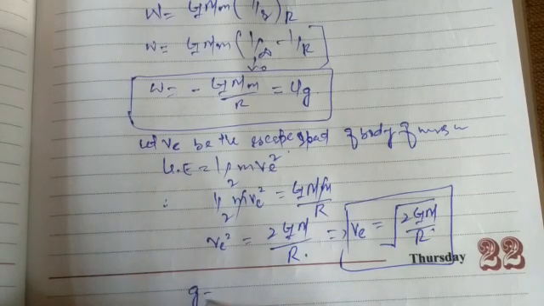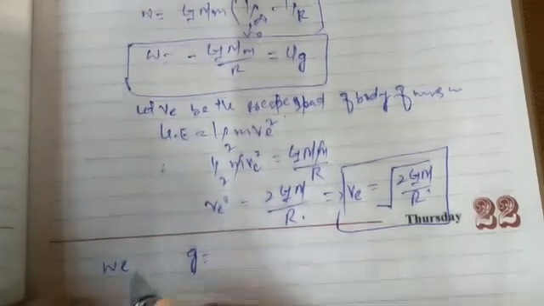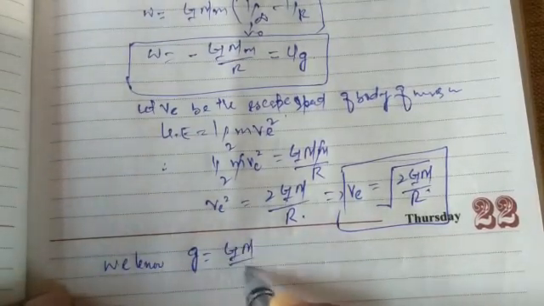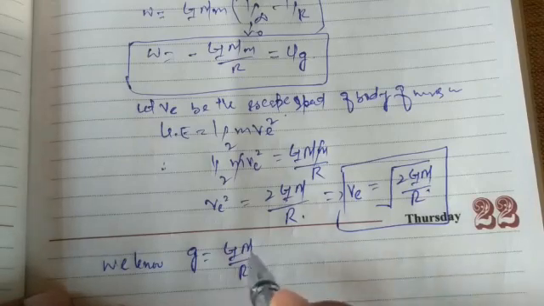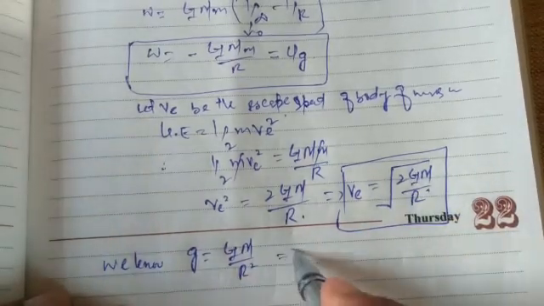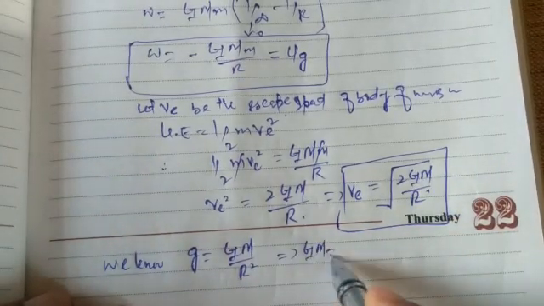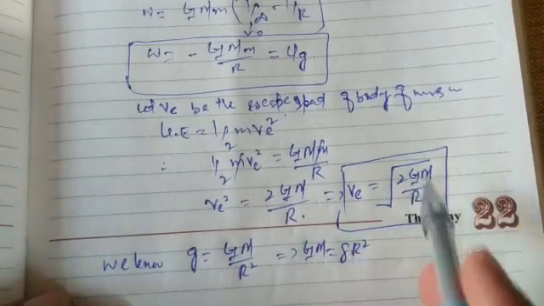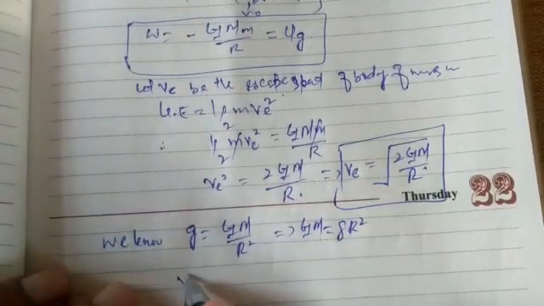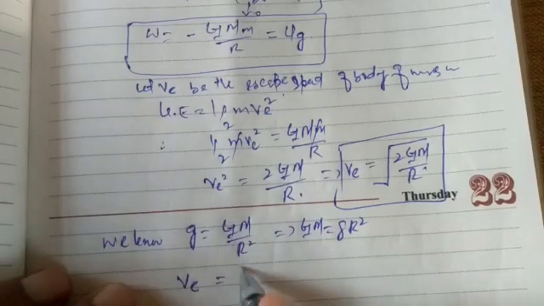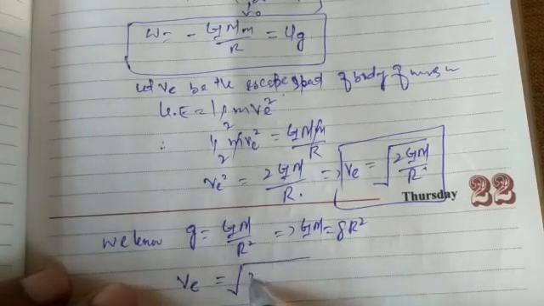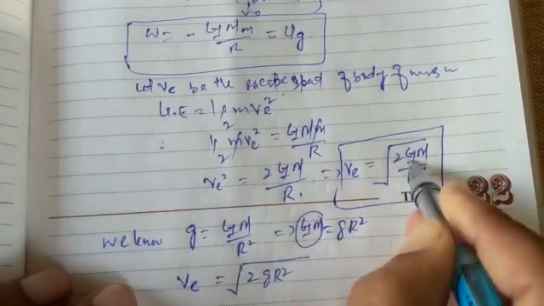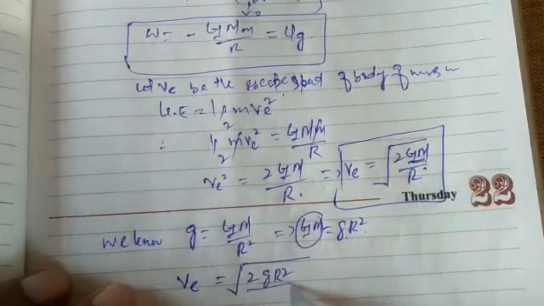We know that g equals G M by r square, which implies G M equals g r square. Instead of G M in it, we use g r square, then we have VE equals the square root of 2 g r square over r.